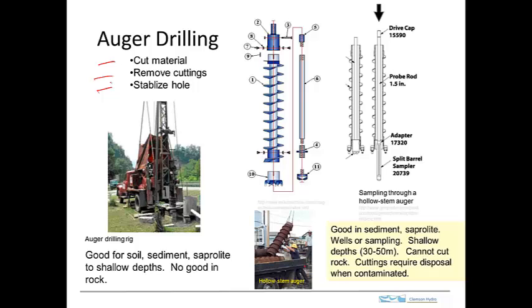And the way that they cut is you can kind of get a hint on that right here. This is the cutting tip on an auger, and if you look closely, you see these cutting teeth that look kind of like that, and it moves like this as the bit is rotated.